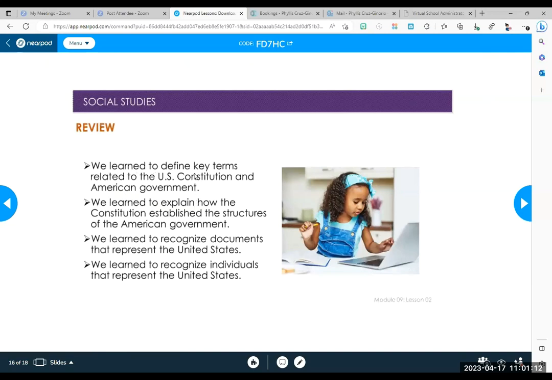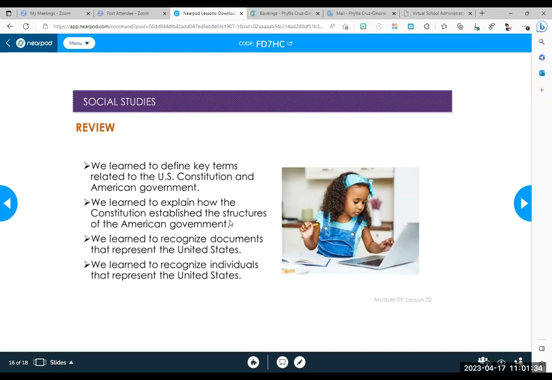What did we learn today? We learned to define key terms related to the US Constitution and the American government. We learned to explain how the Constitution established the structure. Think about what structure means. Without structure, things fall down. Think about your house. The government has structure too.